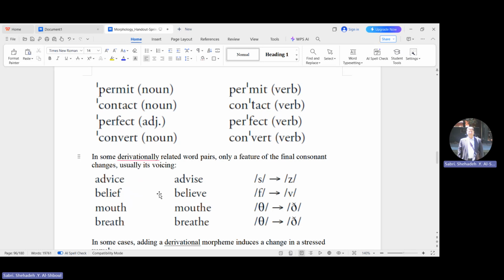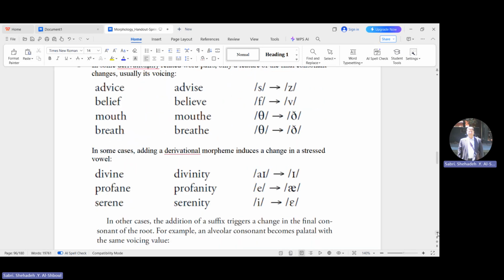Okay. So sometimes to maintain this derivational change, the feature of the final consonant changes. One of the manifestations is voicing. So advice is a noun. Advise is a verb. Belief, believe, mouth, breath, breathe.